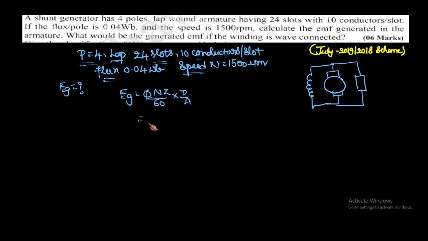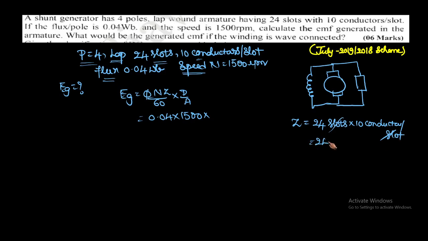So what is the phi value? Phi is given as 0.04 and the speed is 1500 rpm. And what is the total number of conductors? Here a trick is given, some logic for calculation of the total number of conductors. Here 24 slots are there, and we have 10 conductors per slot. If you multiply by 10 conductors per slot, the slots get cancelled.